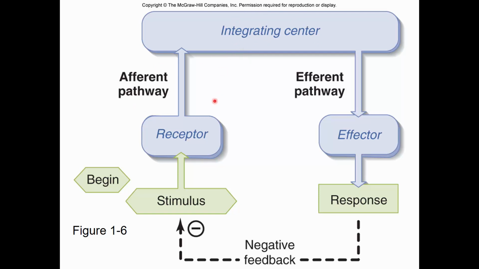If it's an endocrine mechanism, your integrating center could be a gland. Anyway, you have a receptor, monitors a stimulus, an input pathway to an integrating center, an outward pathway to an effector, the effector then carries out a response that then opposes the original stimulus.